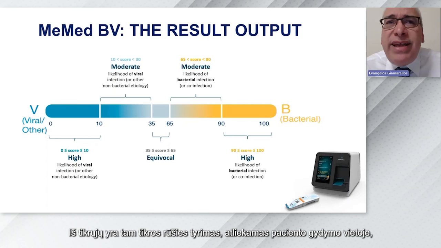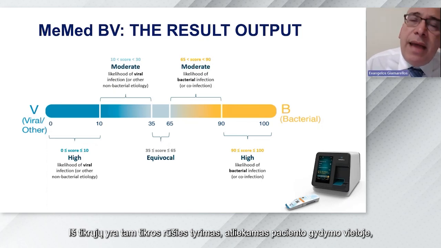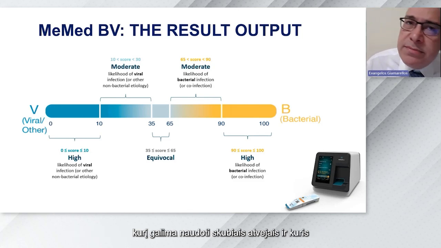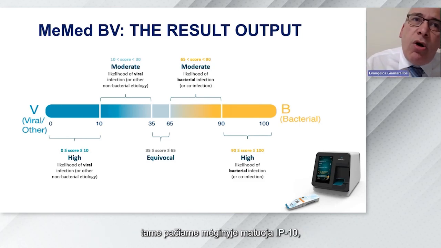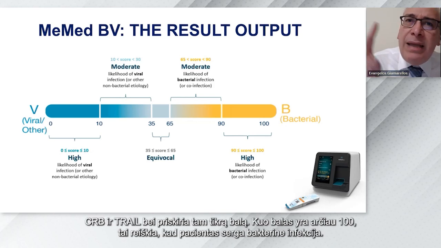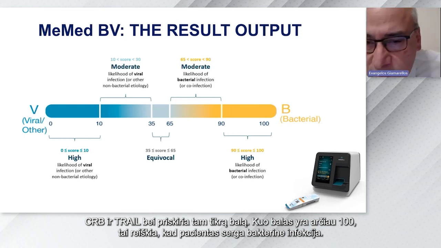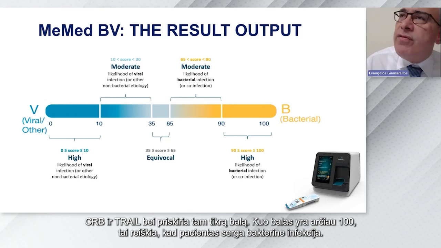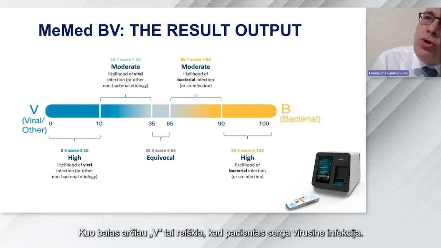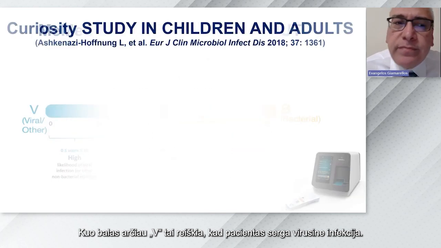Indeed, there is a type of point of care assay, which can be used in the emergency department, and which measures on the same side IP10, CRP, and TRAIL, and ends up with a score. The more the score is towards 100, the more the patient is suffering from bacterial infection. The more the score is towards 3, the more the patient is suffering from viral infection.